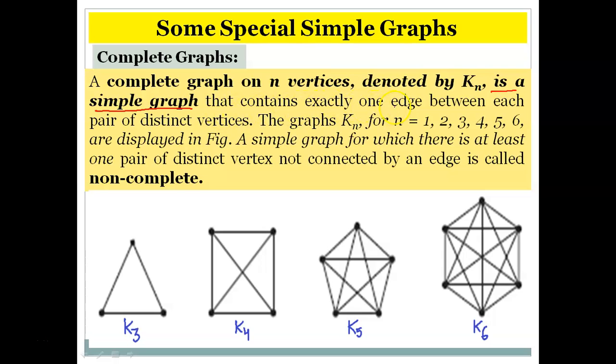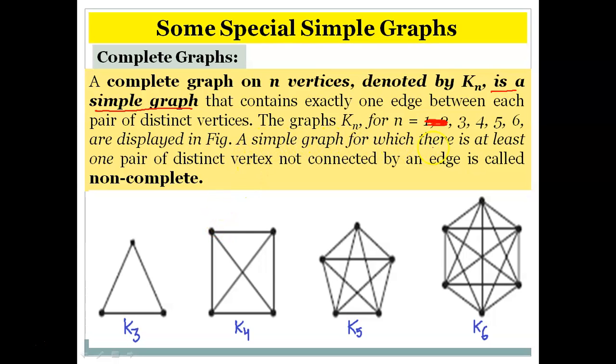That contains exactly one edge between each pair of distinct vertices. The graph Kn for n equal to 3, 4, 5 and 6 are displayed in the figure.